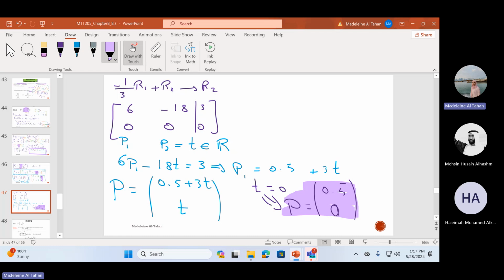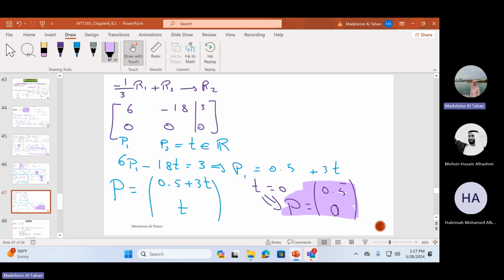But usually, if you have the right to take T any number, I will take T equals 0, because it's easiest. If I can take any non-zero number, I will take T equal 1 because it's easy. Like in the eigenvectors, we take T equal 1 because we don't have the right to take T equals 0. And in this one, if we are solving, T equals 0 is the easiest.